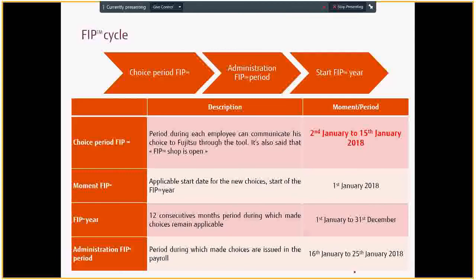The FIP year goes from the 1st of January to the 31st of December, obviously, and then there will be an administration period from the 6th of January to the 25th of January. Of course, for all the choices you make in the tool, an addendum to your contract will be automatically generated by the system, and from the 6th to the 25th, we will need those addendums.